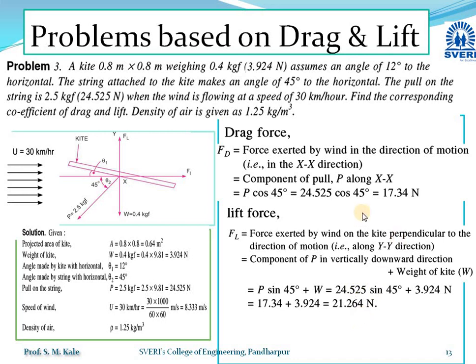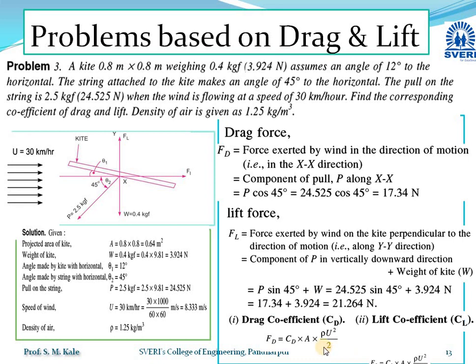Now after getting the value of drag force and lift force, simply use the formulas of FD and FL. The formula of FD is CD into area into rho U square upon 2, and the formula of FL is CL into area into rho into U square upon 2.